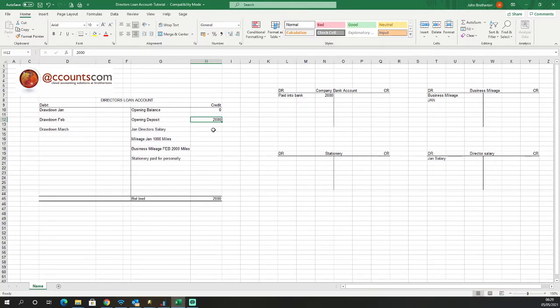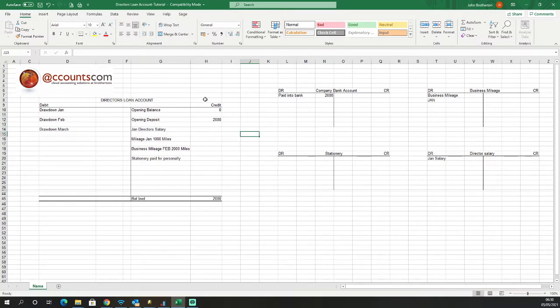So the director is now owed £2,000, and that's it. That is what a director's loan account is. We're now owed money from our company because we've introduced our own personal money into the company bank account, and that's it. From a starting point, that is what a director's loan account is.